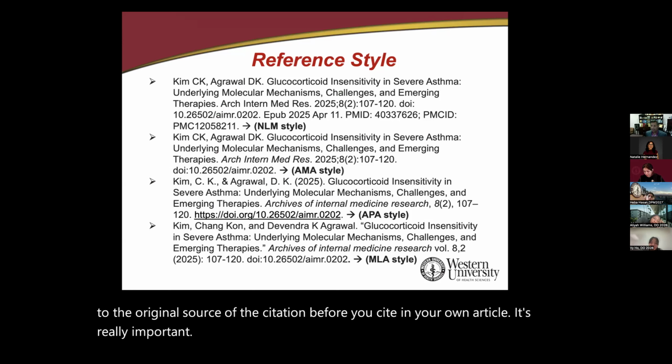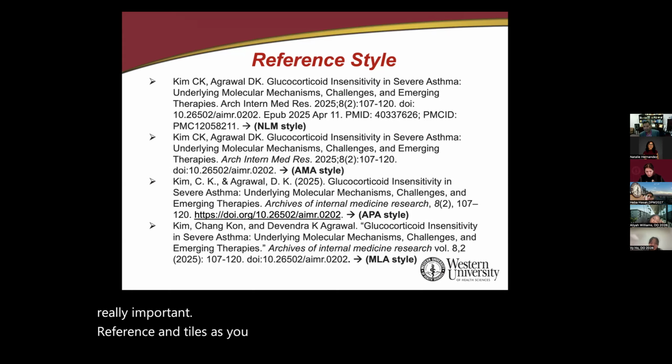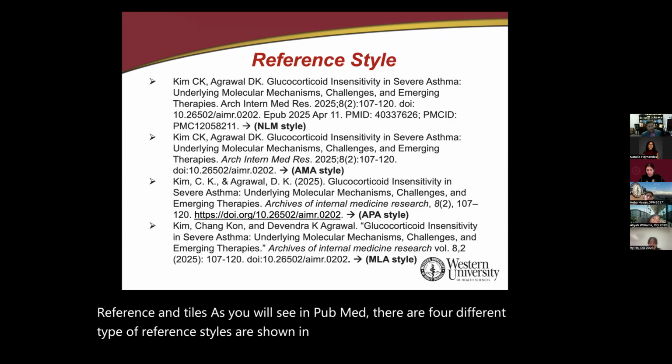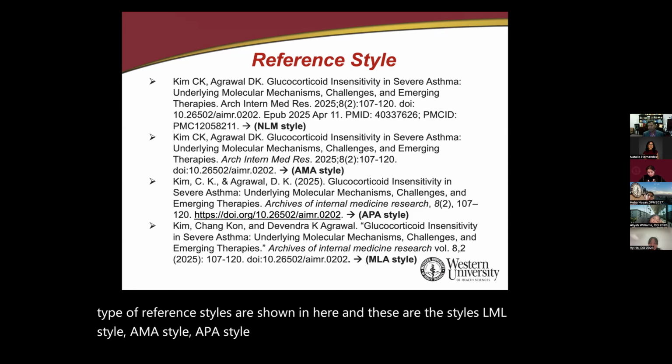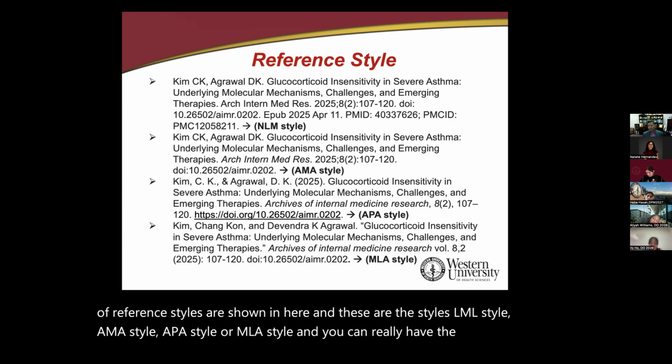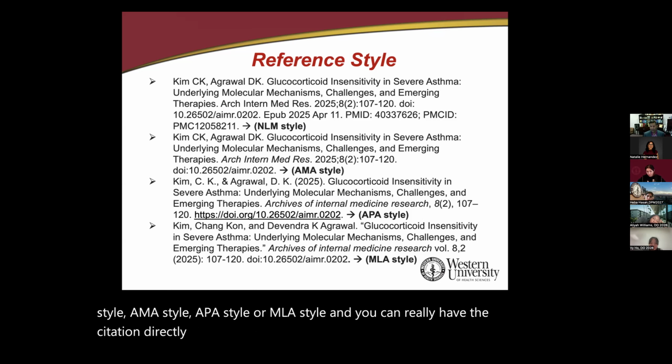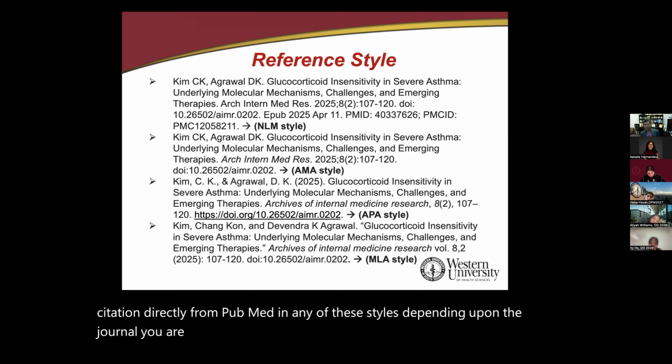Regarding reference styles, as you will see in PubMed, 4 different types of reference styles are shown. These are the styles: NLM style, AMA style, APA style, or MLA style. You can have the citation directly from PubMed in any of these styles, depending upon the journal you are submitting your article to.